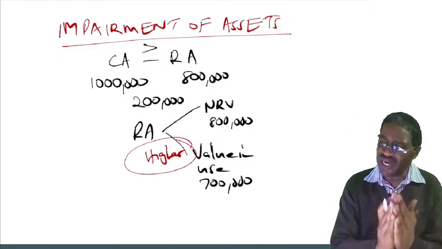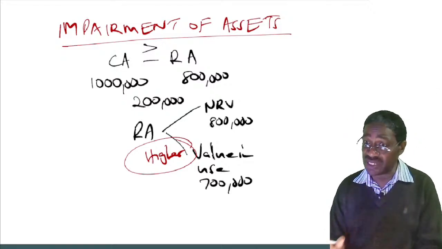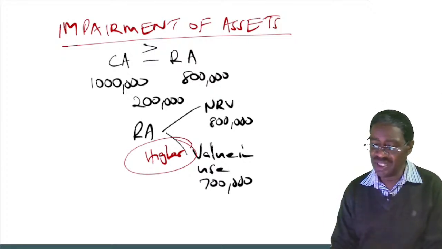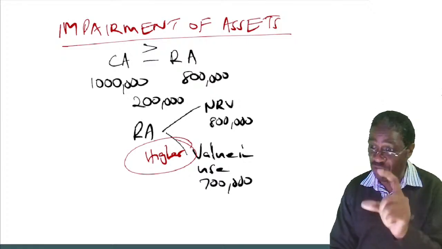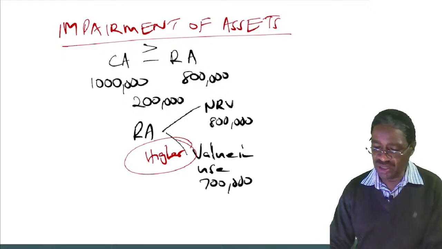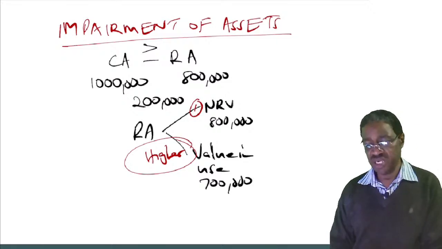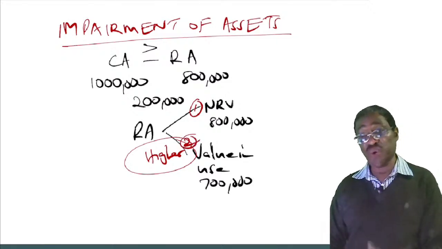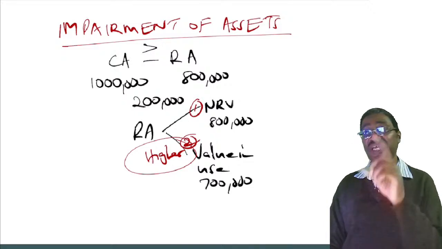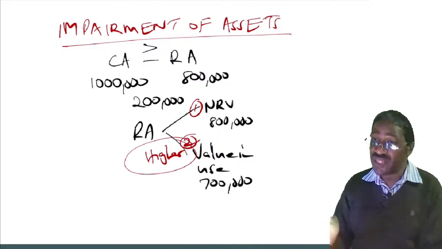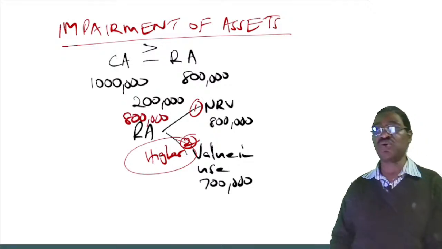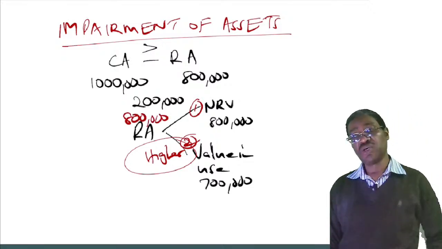So we define the recoverable amount of an asset as the higher of, one, net realizable value, and two, value in use. So in this scenario, the recoverable amount will be 800, because it is the higher of these two values.